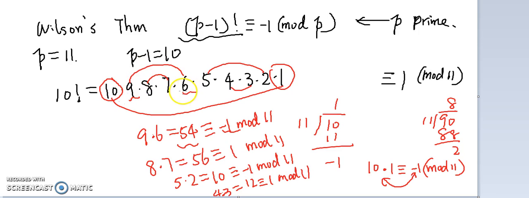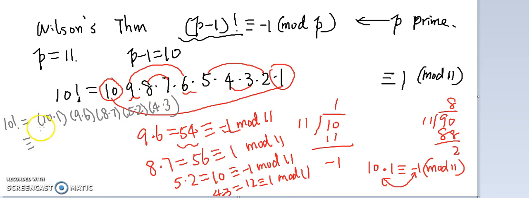Okay, so this is how we're going to pair these numbers up. For 10 factorial, we pair up 10 and 1, 9 and 6, 8 and 7, 5 and 2, 4 and 3.